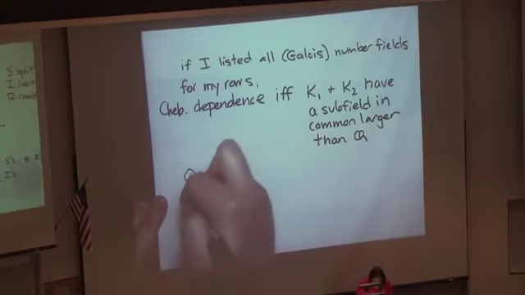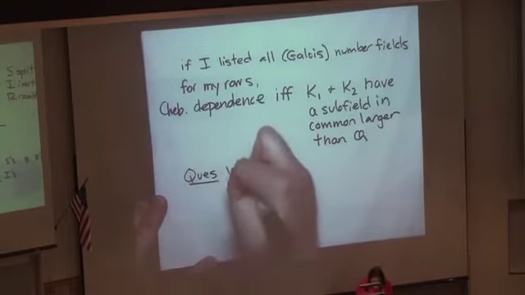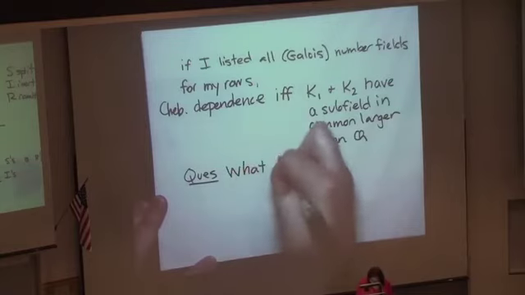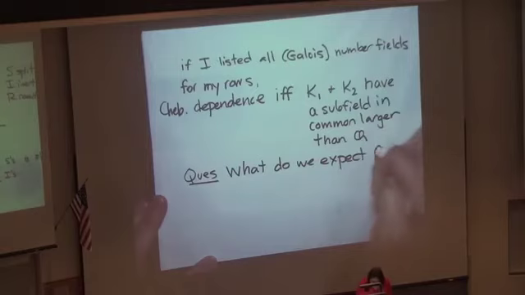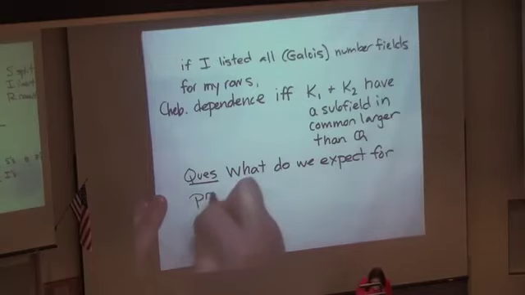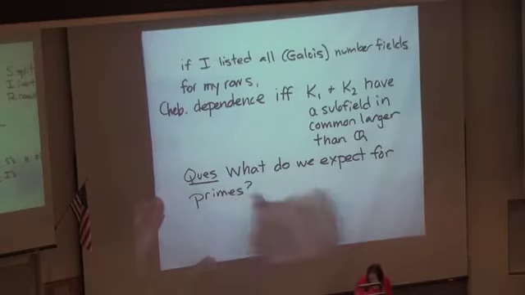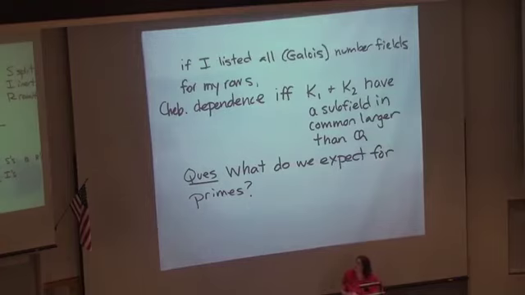And so a much trickier question is, what do we even expect for primes? If I look in the column corresponding to the prime 2 and the column corresponding to the prime 3, do those S's and I's and R's there, do they look independent?